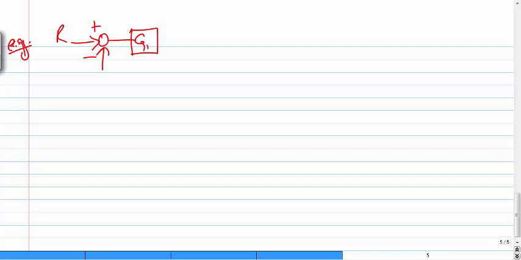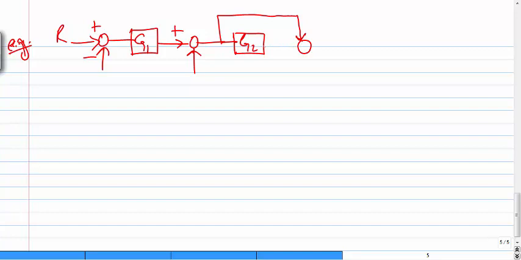There's another example that we look at, and then we move to the next one. The example is that we have input, and then again we have G1, then another feedback term with another gain G2, but there's another branch coming into it.